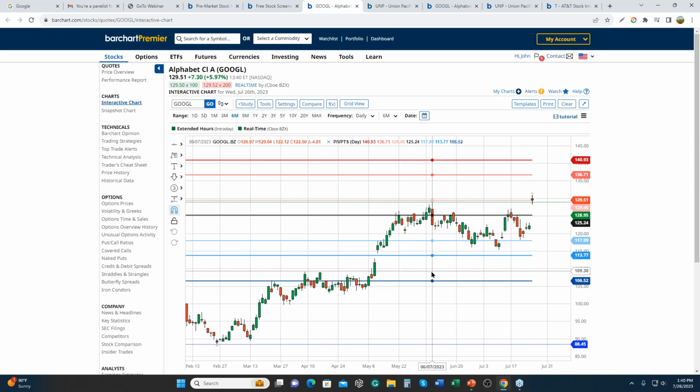So what did we say about when volume does not confirm? Well, there's a higher probability that price will return to the most recent pivot or the most recent close. So notice here we can see that our pivot is above our close from the previous day, and that price is around 125.24.